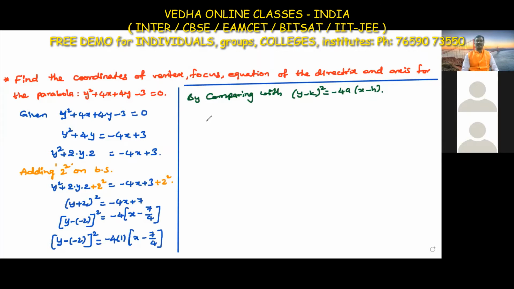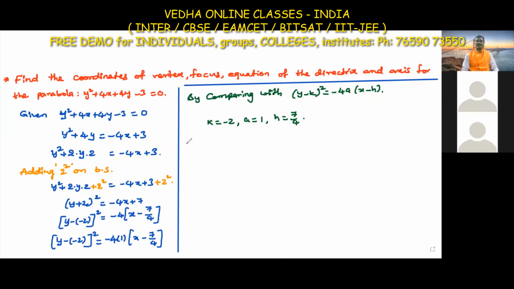So what are the values, one by one? The value of k is equals to minus 2, a value is 1, and h is equal to 7 by 4. Is it plus 7 by 4 or minus 7 by 4? Minus h is minus 7 by 4, so h is plus 7 by 4 only.